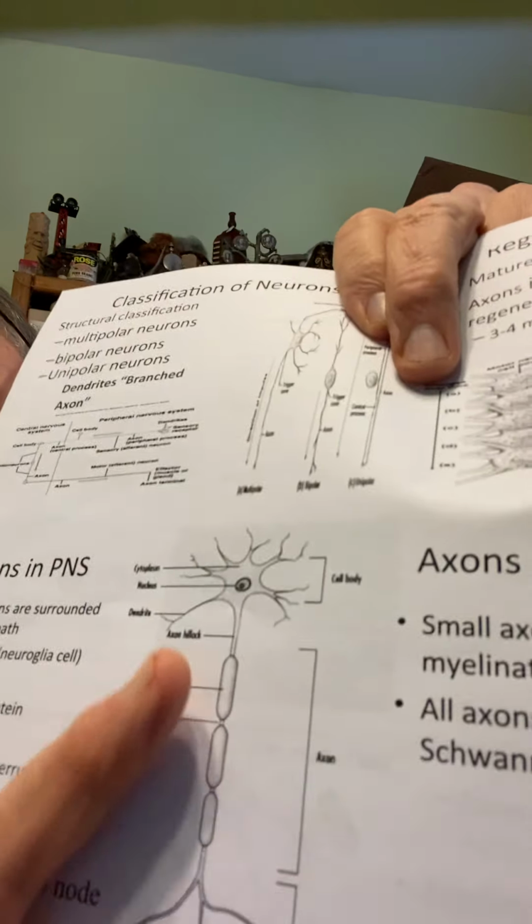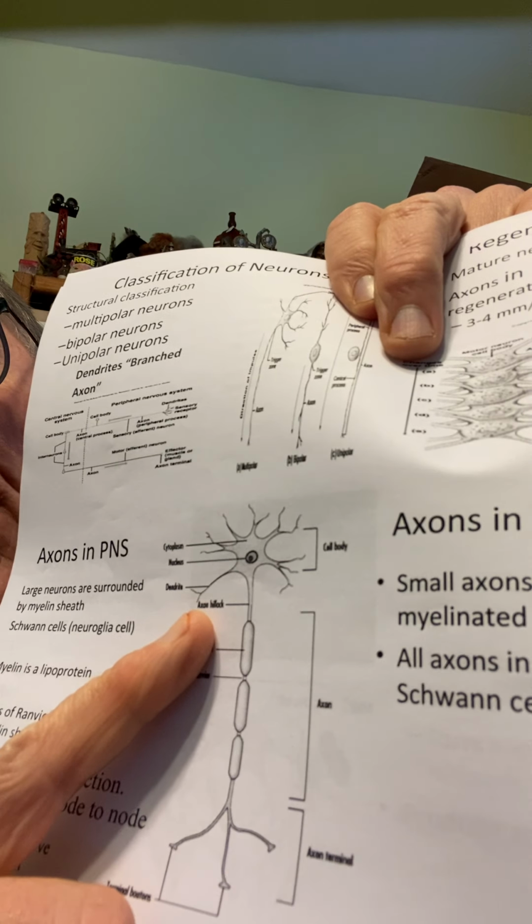Now, when we were looking at the neurons, the cell itself, I pulled out a slide here to show, and unfortunately I don't have a good picture, but if you look carefully right there, it says axon hillock. Usually we show it with a little bump.